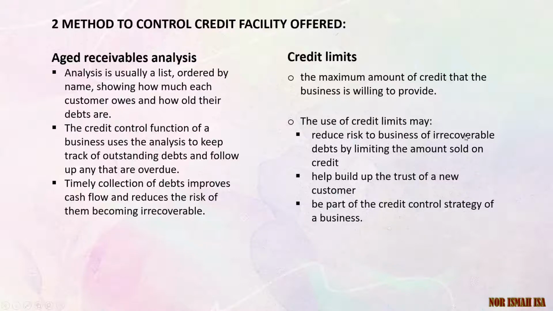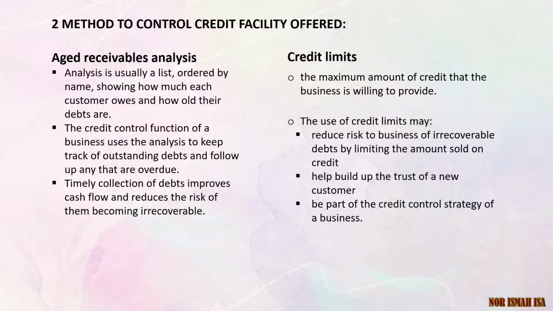And then the second method is the credit limit. So no customer will use the credit facilities as much as they want. They may use the credit facility up to a certain limit that the business offered.